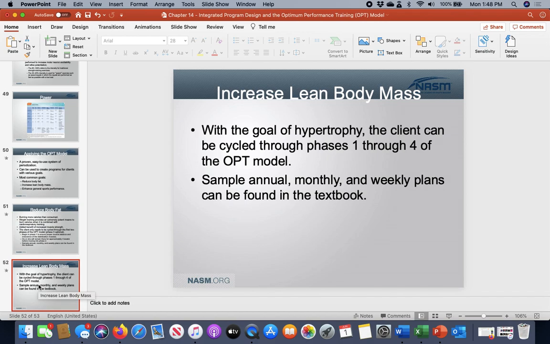But an experienced person who lifts and exercises a lot is going to have a hard time getting max strength when working in the hypertrophy phase.